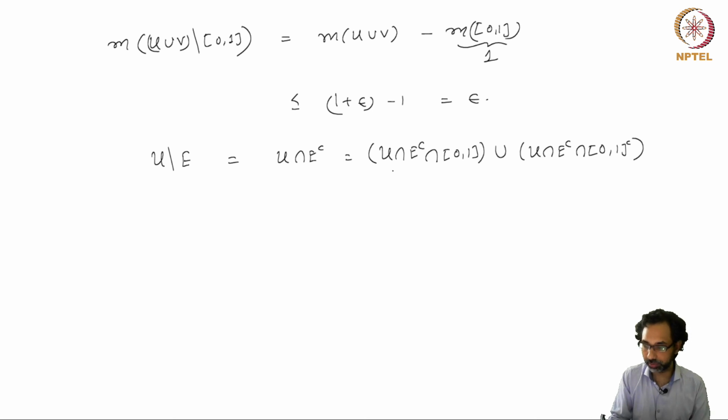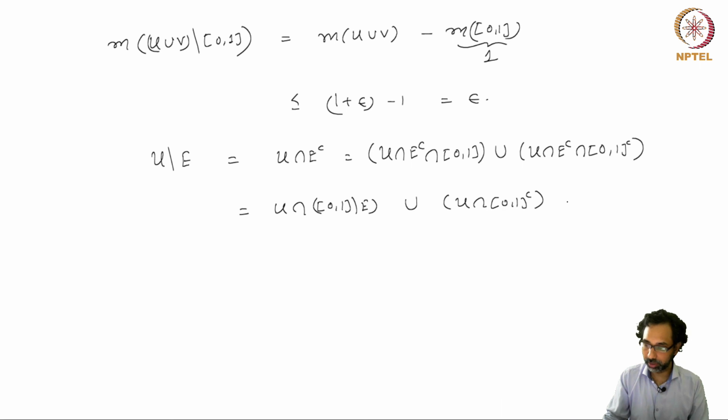The first one is nothing but U intersection [0,1] minus E, and the second one is nothing but U intersection [0,1] complement.